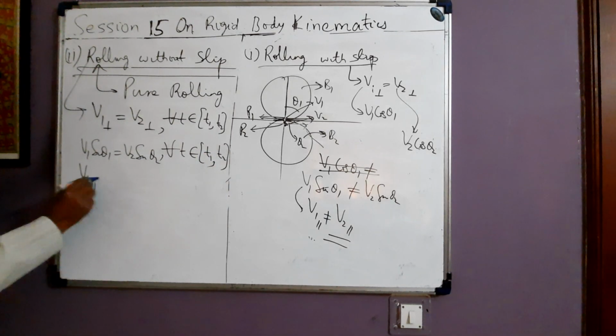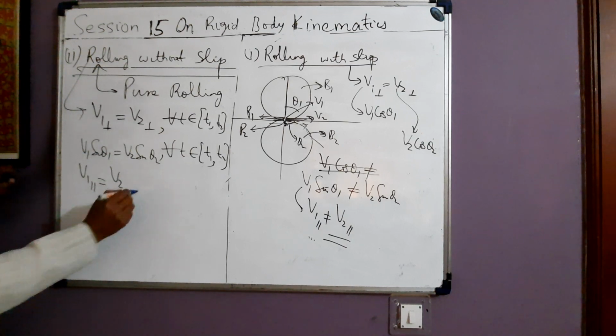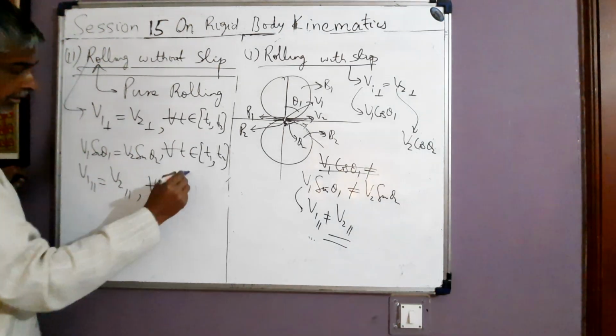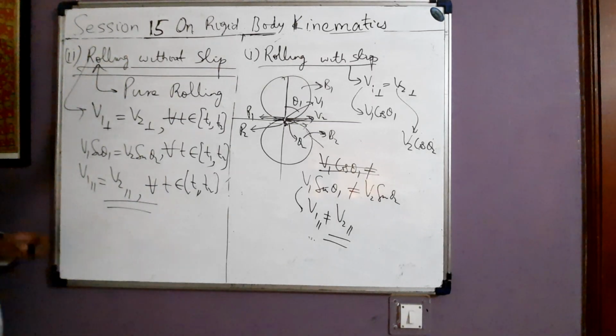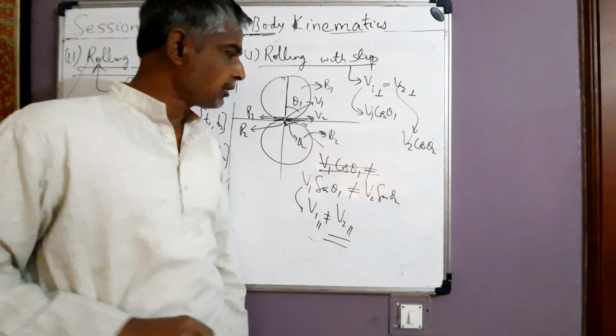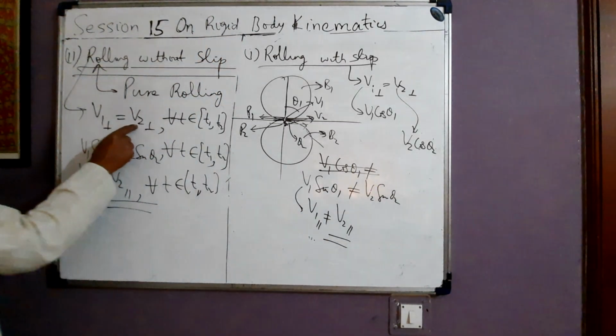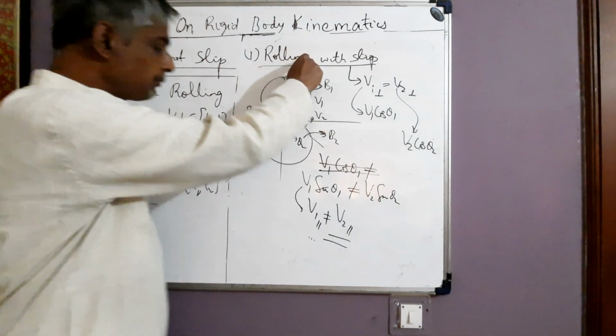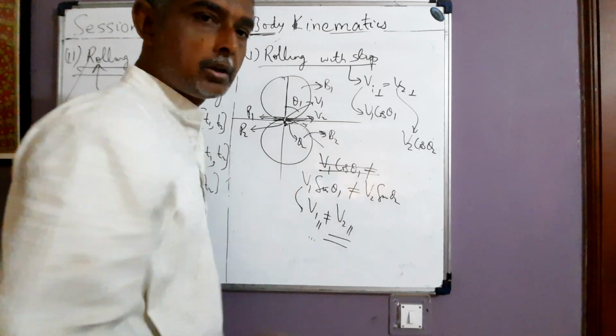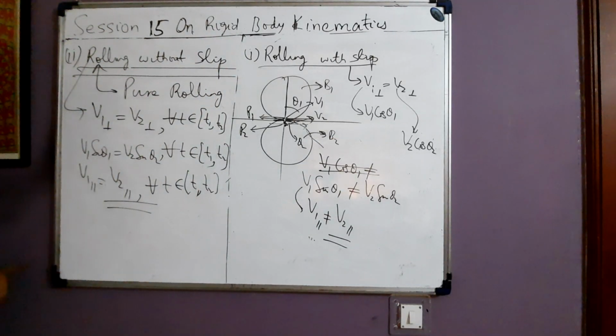That is, V1 parallel is equal to V2 parallel for all t belonging to T1, T2. So in rolling without slip, both conditions are fulfilled. In rolling with slip, only one condition is fulfilled.